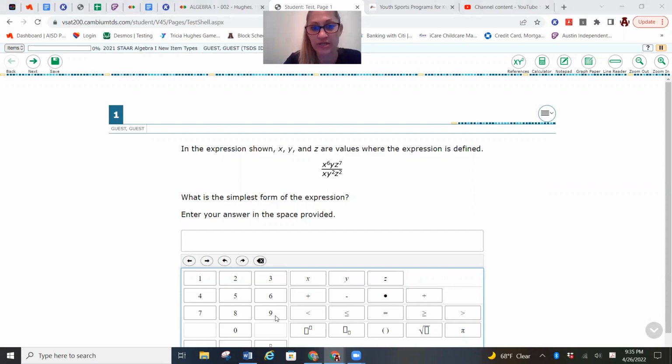So for instance, in this question, we have to remember the laws of exponents, which is when it's dividing, we subtract the top number and the bottom number. So for the x, on top it's a 6, but the bottom exponent is a 1. 6 minus 1 is 5.